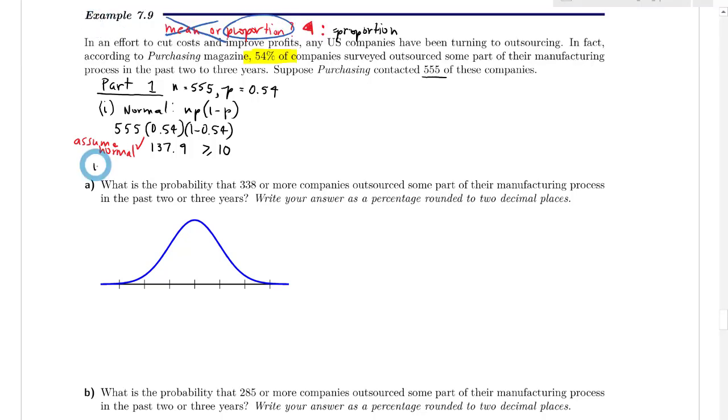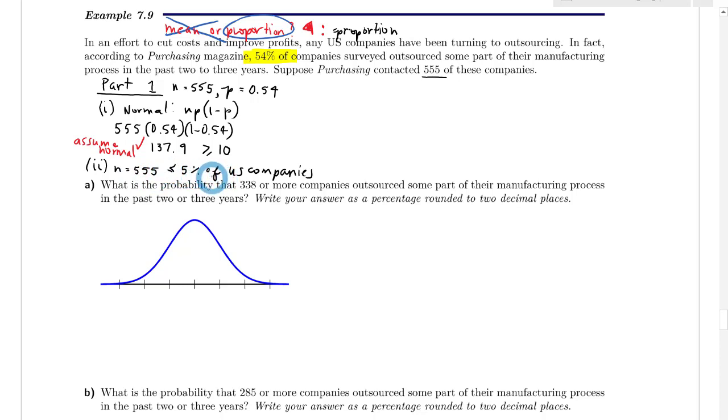Okay, and the second part, 2i in part 1, asks if n equals 555 is less than or equal to 5% of, and notice we're talking about U.S. companies that were contacted by this magazine. So 55% of U.S. companies. So do you think 555 companies is less than or equal to 5% of all U.S. companies?